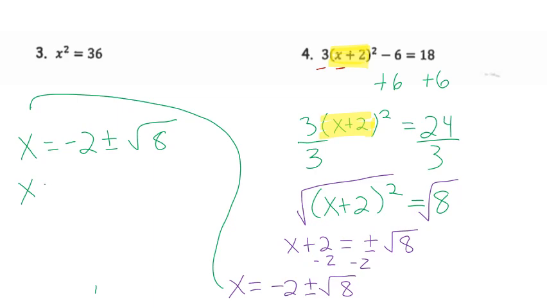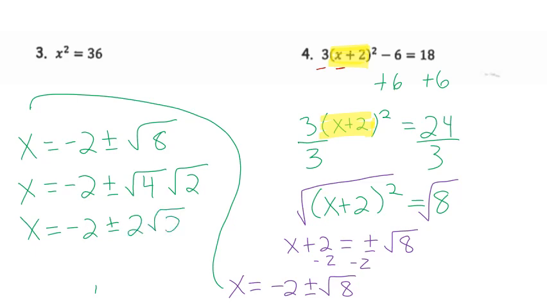I have to simplify the square root of 8. So negative 2 plus or minus, 4 and 2. Negative 2 plus or minus 2 radical 2. And then this is as far as we can go. So even though I see a bunch of 2's here, the negative 2 here does not have a radical. So this is as far as I can go.